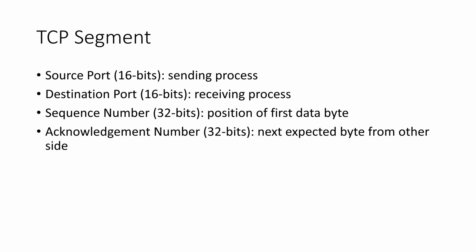Each one needs a way to identify where it belongs in the overall message. This field specifies the number of the first data byte in this segment relative to the start of the session. Right after that, the acknowledgement number indicates the next byte number that the receiver expects to get from the other side. This is how TCP tracks which data has successfully arrived and which parts need to be retransmitted.